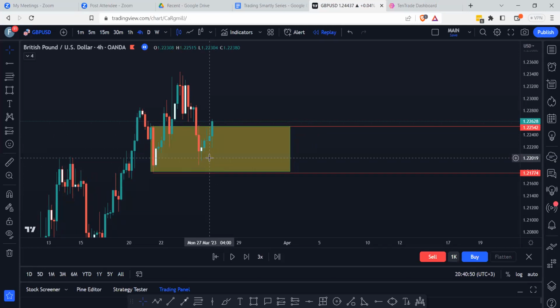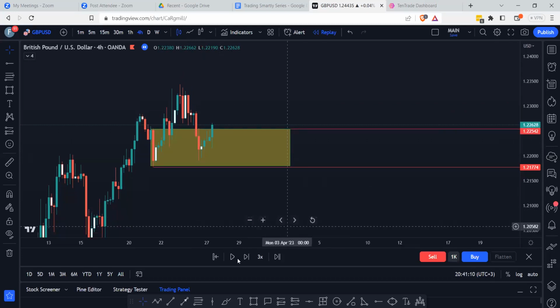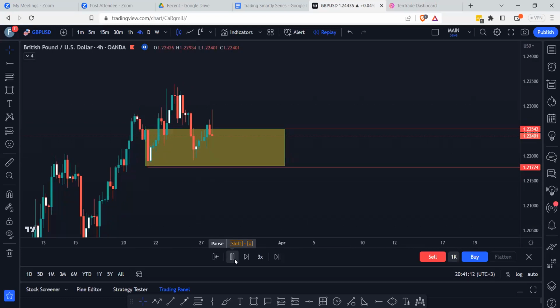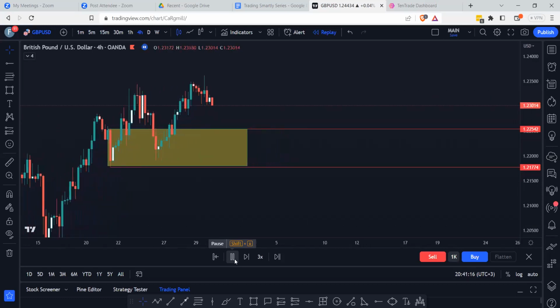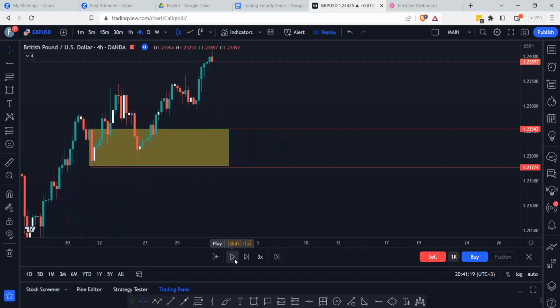So when price retraces into the support zone or resistance zone, what do you look out for before you start buying? So let's assume that we found a setup, an entry inside the zone. You see how price is going to pick up from this support zone. You can see that price is going all the way up.